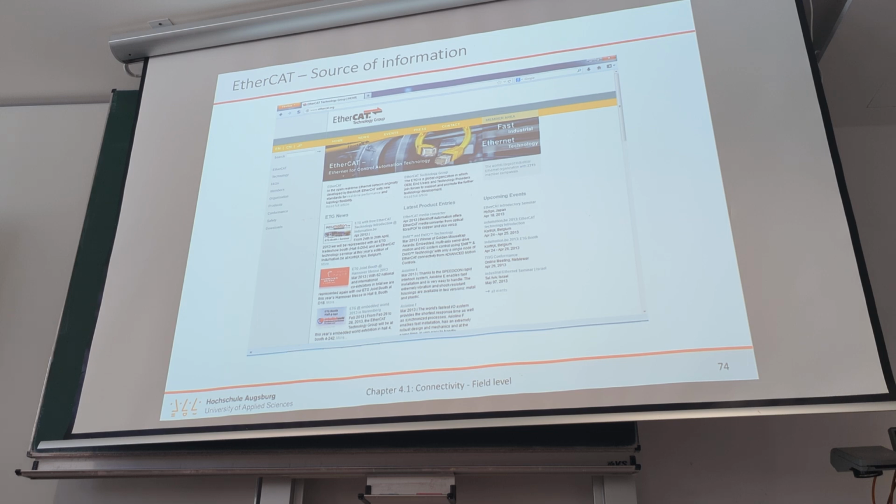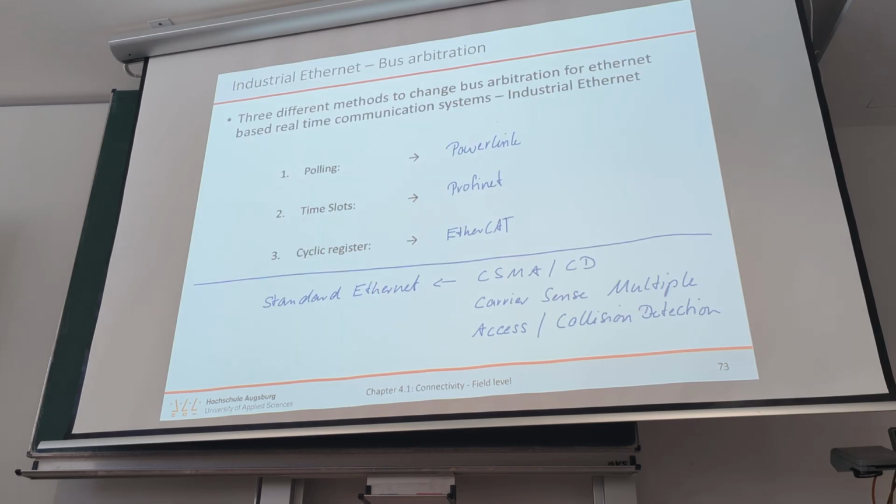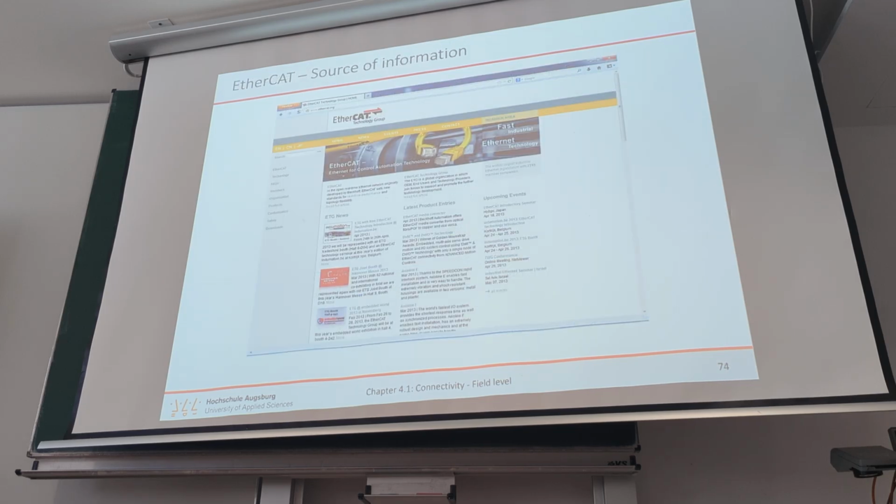So that's why they make that public, and that's why all of these different technologies in the end are competing again, because the more companies you have providing devices for your network, the more attractive it gets that it's being used. And then you probably sell more of your PLCs and more of your system again.